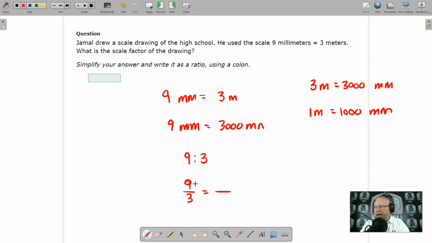If I simplify this, both will divide by 3. 9 divided by 3 is 3. 3 divided by 3 is 1. So 9 over 3 can be simplified to 3 over 1. And if I write that as a ratio, I end up with 3 to 1.